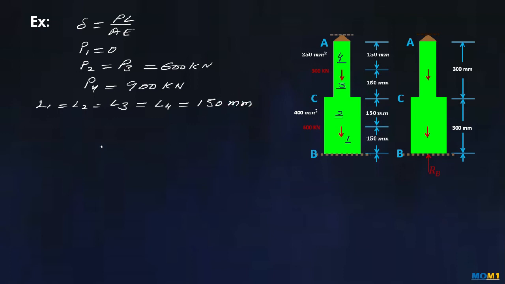Now using the expression for multiple sections, sigma i = 1 to 4, Pi Li upon Ai Ei.